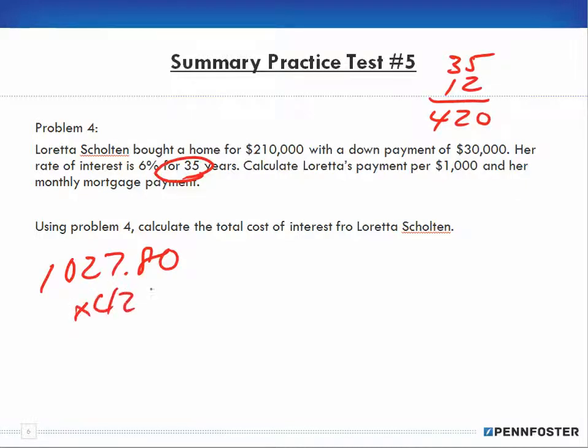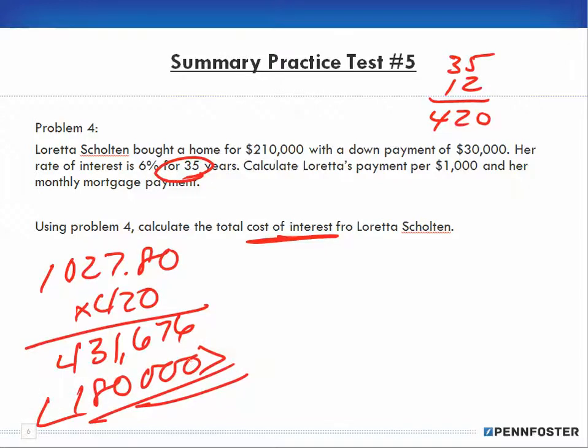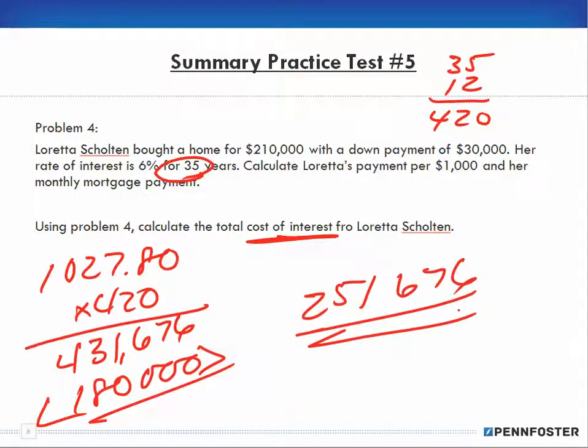We multiply that by 420, and we end up with $431,676. To know how much the cost of interest is, we subtract out how much we borrowed, which was 180,000. And we end up with $251,676. And that's it.